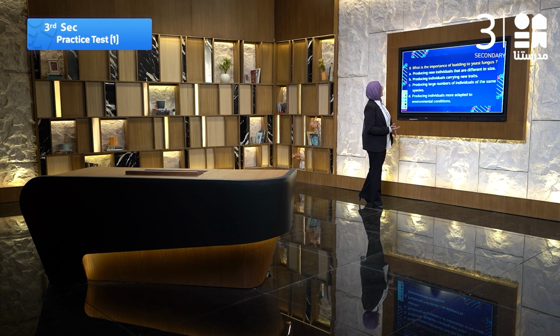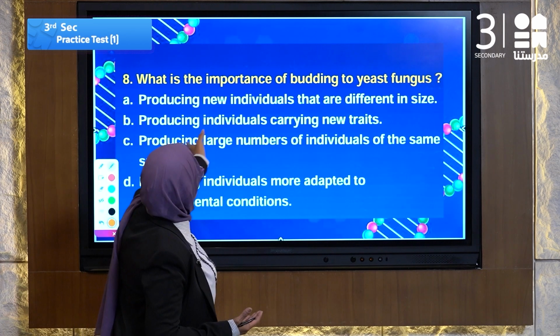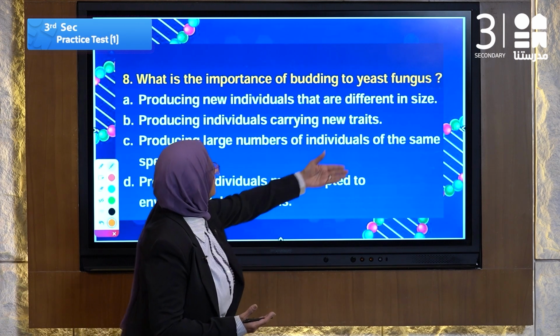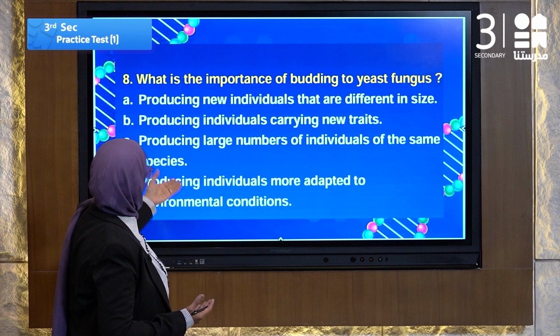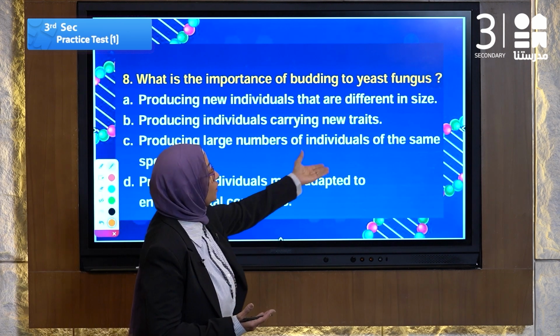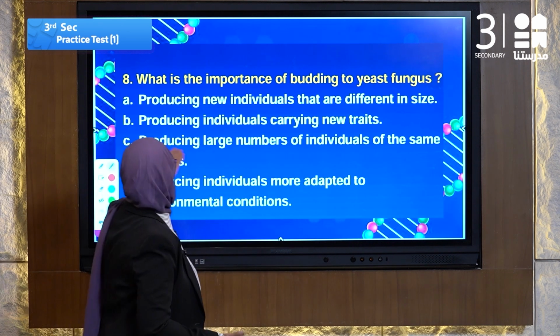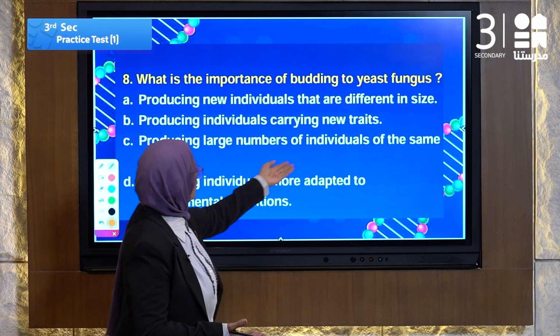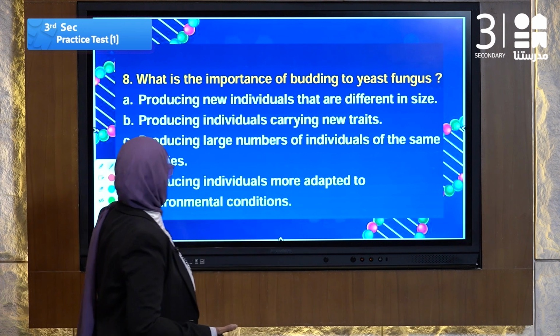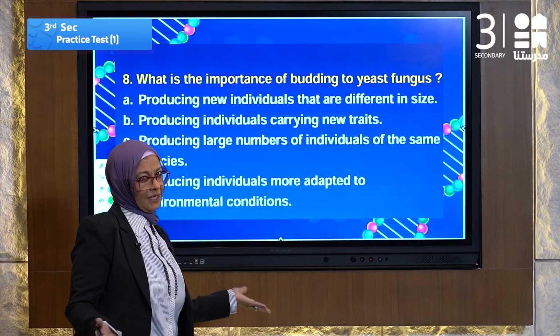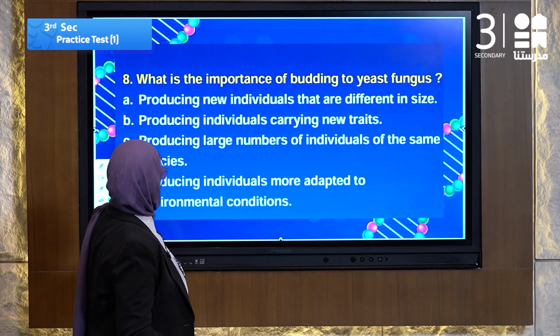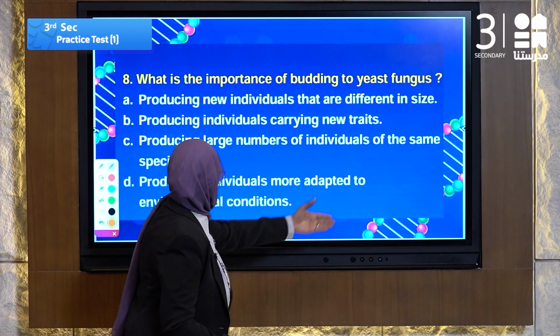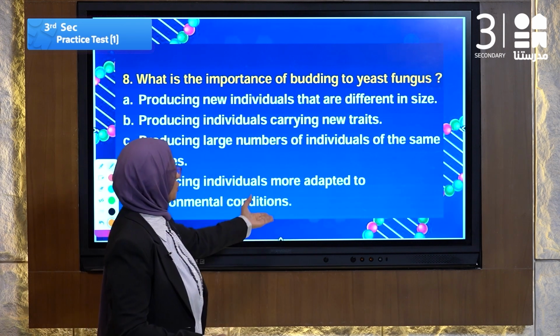Let's go. A, producing new individuals that are different in size. Producing individuals carrying a new trait? No. Producing a large number of individuals of the same species? Maybe. D, producing individuals more adapted to the environmental condition.